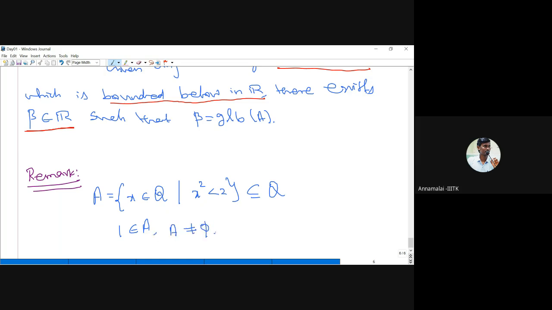Next we have to check whether this is a bounded above set. Clearly, since x squared is less than 2, x is less than square root of 2. Every member of A is less than or equal to some number, that number is root 2.